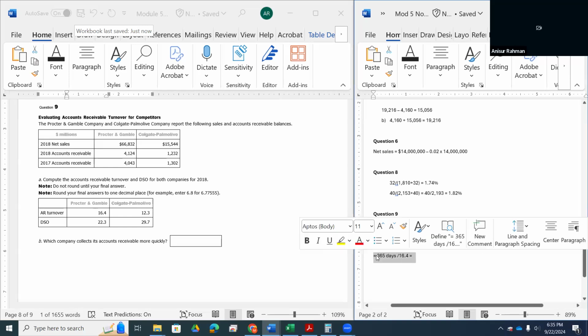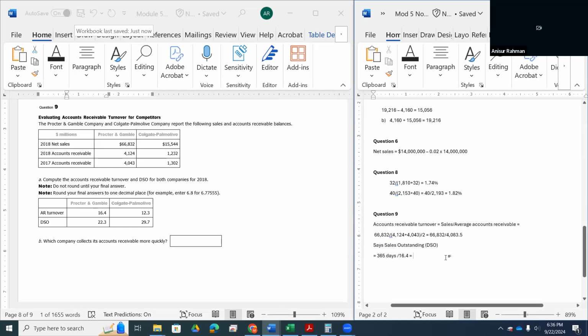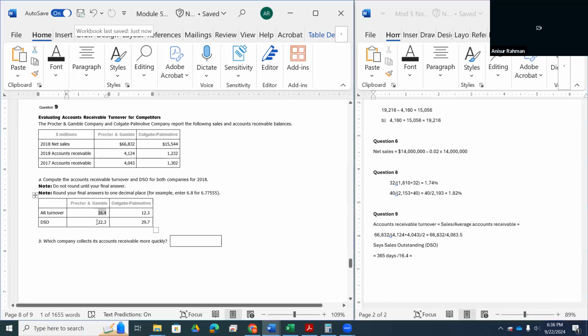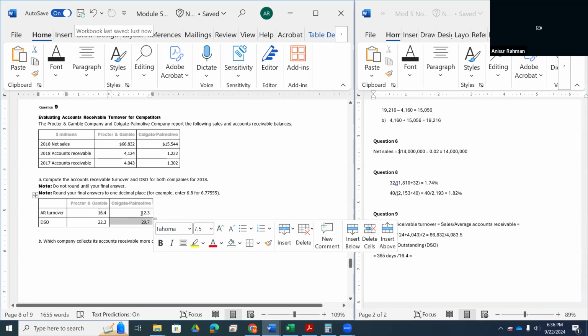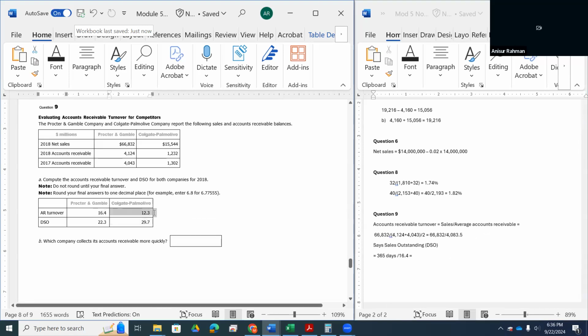So higher this number, poorer the company is in terms of collecting its accounts receivable. DSO is lower for Procter & Gamble and higher for Colgate-Palmolive, although Colgate-Palmolive has a lower accounts receivable turnover. So that means it has a relatively less average accounts receivable compared to sales.